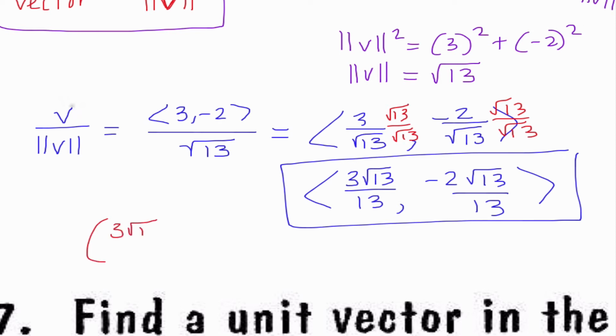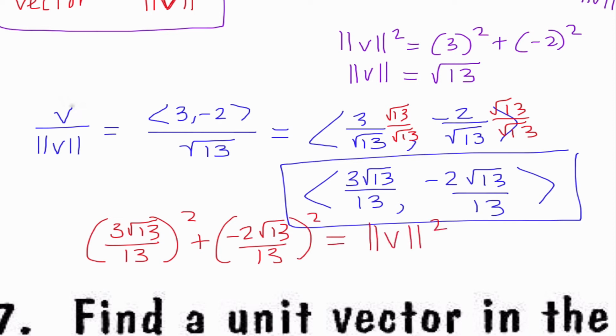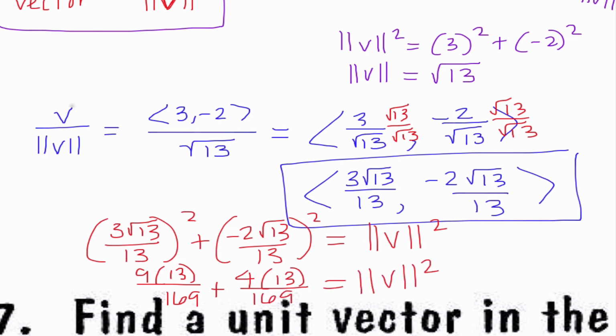So we said that to find the magnitude, we're really finding the square root of the sum of the squares of these two sides. So I'm just going to say that when I square them and add them, it's equal to the magnitude squared. When I square this particular expression, I get 9 times 13 over 169 plus 4 times 13 over 169 equals the magnitude squared.